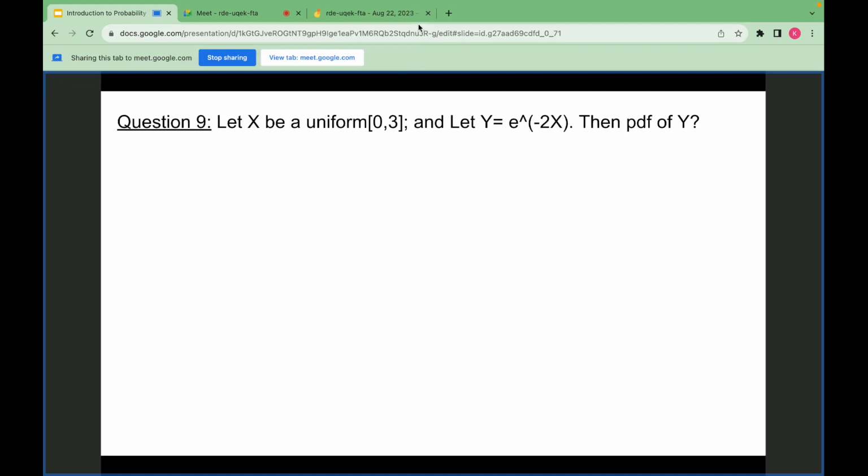This is a similar question, but now y is given as e to the power minus 2x. Now we need to find the PDF of y. So it will be the same: X is a uniform distribution and y is e to the power minus 2x.